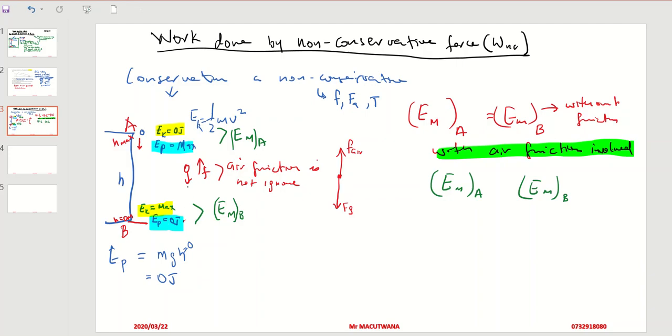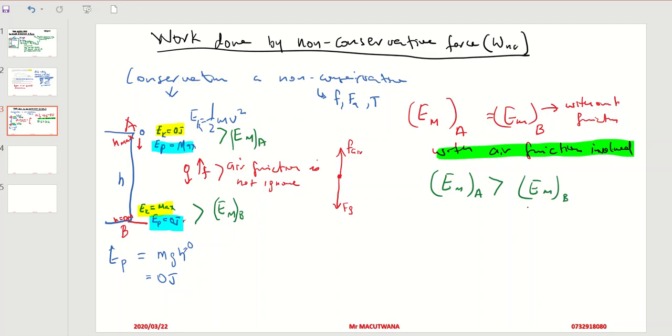Some energy will be lost, taken out of the system due to this friction. It would mean then the mechanical energy at point A will be bigger than the energy at B.